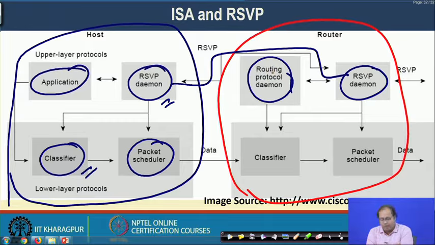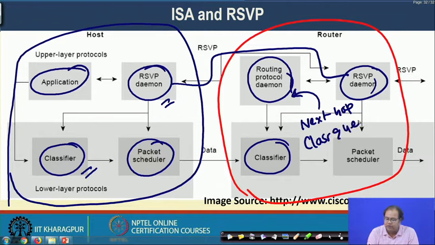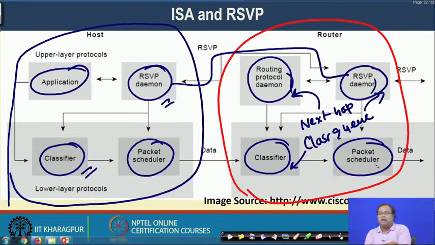This routing protocol daemon, in association with the RSVP daemon and the packet classifier, decides the next hop, which is coming from the routing part, and your corresponding class queue, which is coming from the RSVP and the classifier part. And then your packet scheduler will schedule your packet based on your next hop and the class queue that is determined, and then the packet will be sent to the next router.